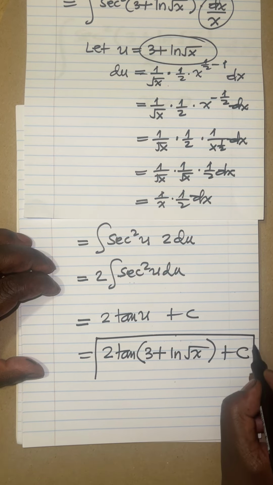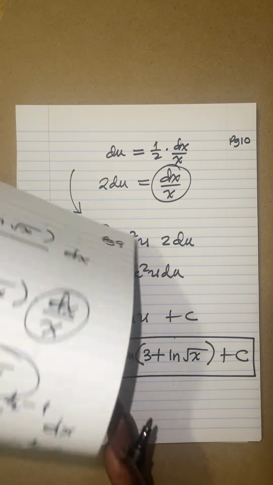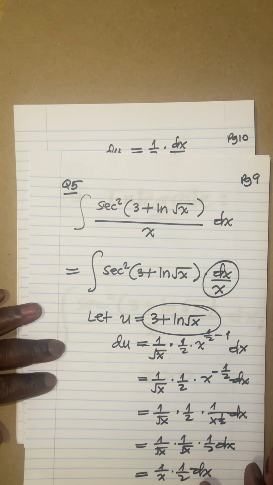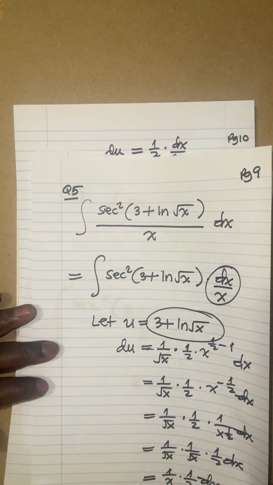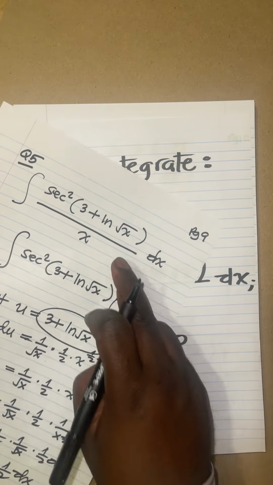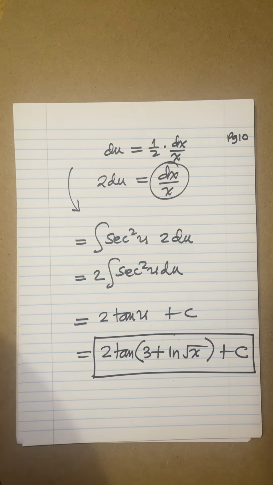So this is our final solution to our integral number 5. This was integral number 5 right here, and through U-substitution we have been able to solve it. So our final solution would be this one.